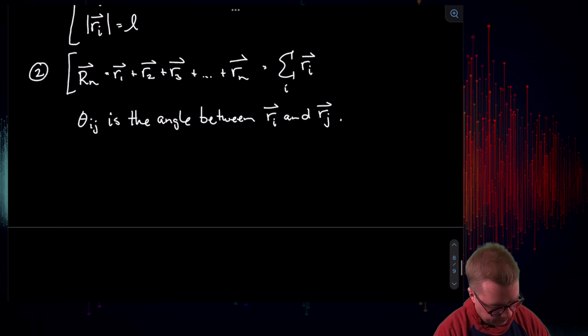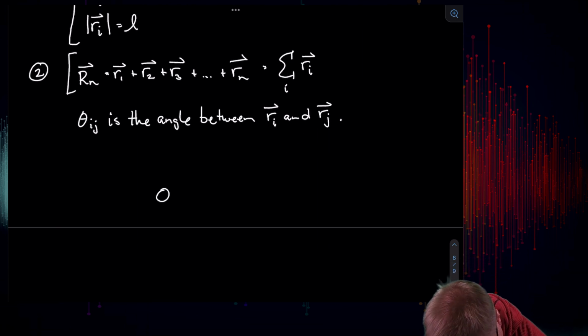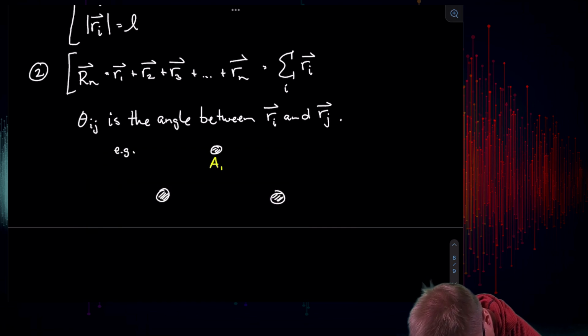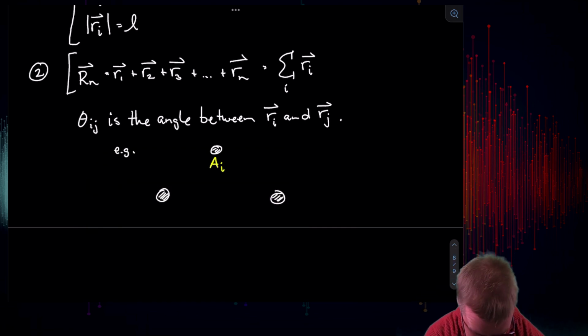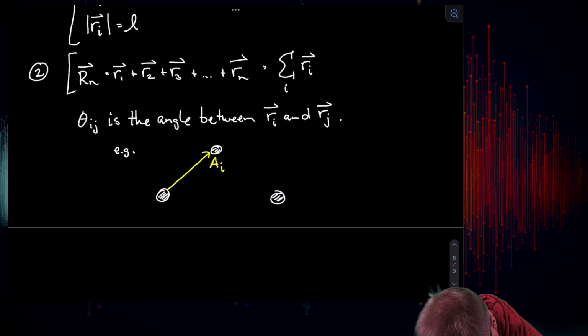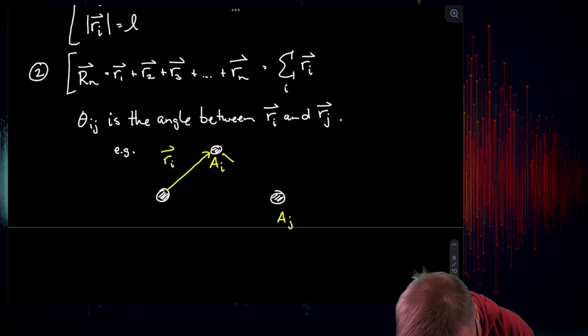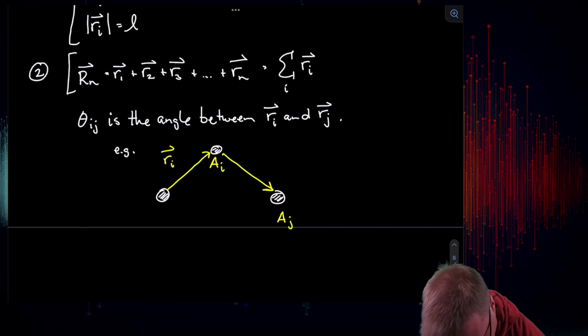So for example, if I had something that looked like this, if I had some adjacent monomers, okay, so for example, then if this is monomer A sub i, then this would be bond vector R sub i. If this was monomer A sub j, then this would be bond vector R sub j.